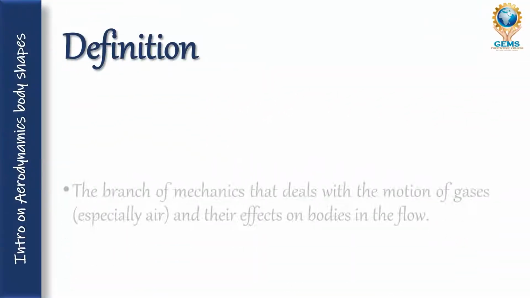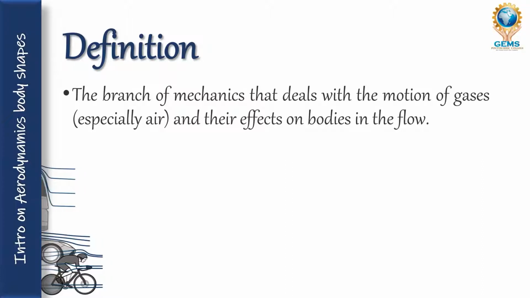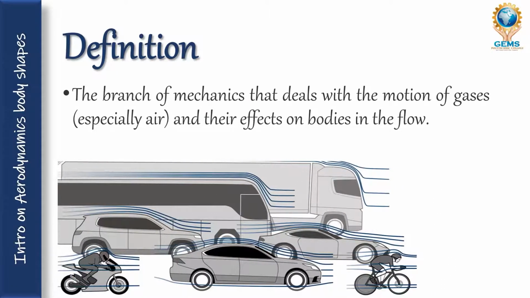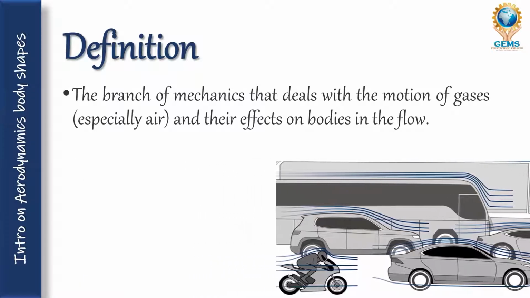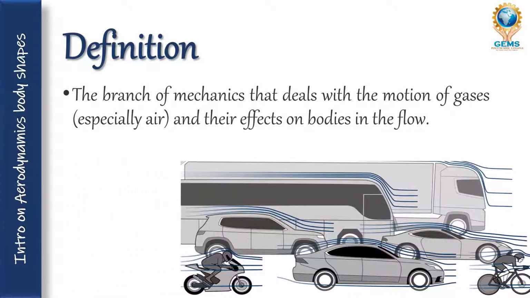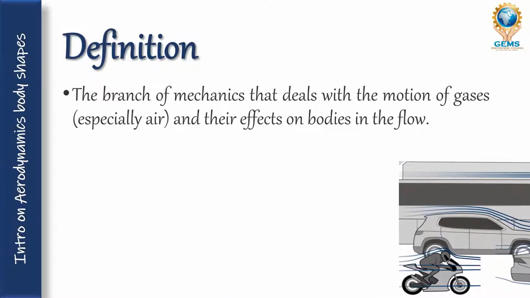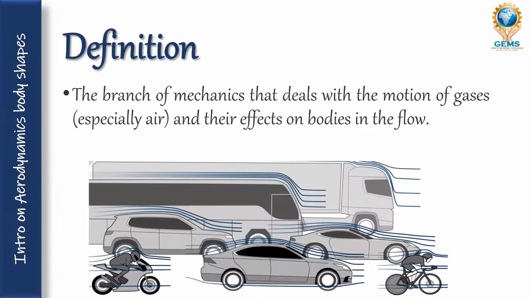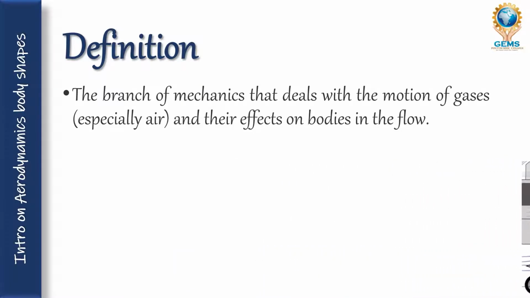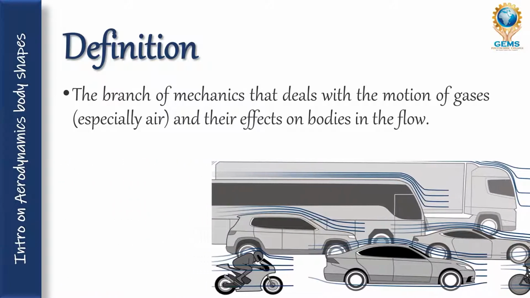Next one is the definition. What is the definition of aerodynamics? It is the branch of mechanics that deals with the motion of gases, especially air, and their effects on bodies in the flow.